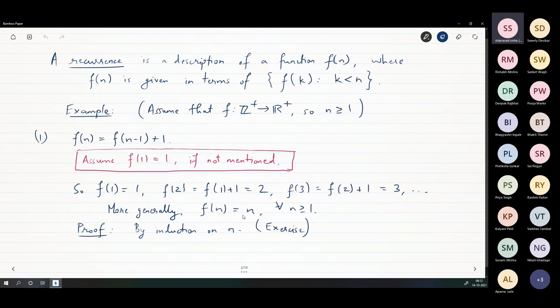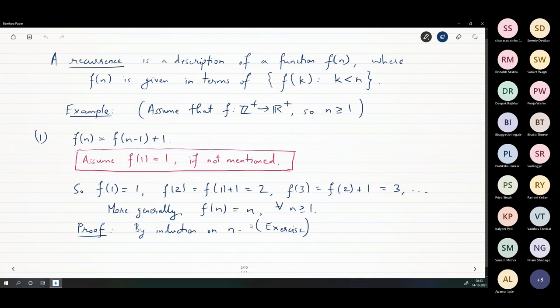But now here's the important point. This is a guess that f of n is equal to n, depending on the initial values. We have not proven this. How do we prove this? To prove this, we can use induction. Since it is a recurrence, induction will be very, very easy to apply. By induction on n, f of 1 is given to be 1. Now, by induction hypothesis, assume f of n minus 1 is n minus 1. Therefore, f of n is f of n minus 1 plus 1, which is n minus 1 plus 1, which is n.